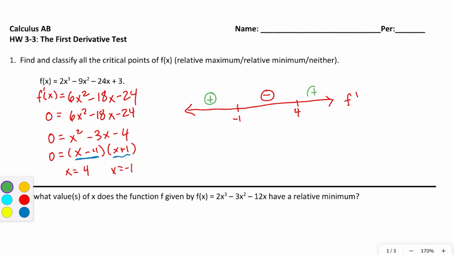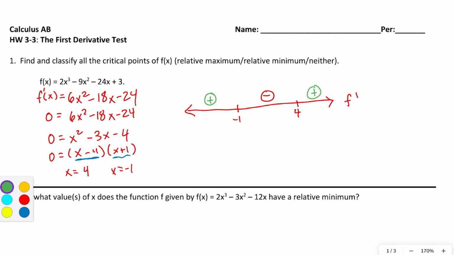So the original function f is increasing on these outer intervals and decreasing on the interval in between. If the slope is changing from being positive to being negative, that means we have a local maximum at negative 1. And if the slope changes from being negative to positive, then we know we have a local minimum at 4. So that's how we answer our question here.